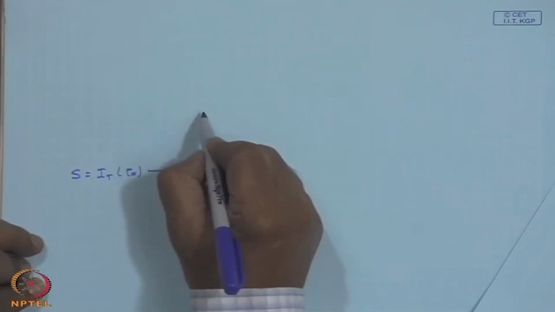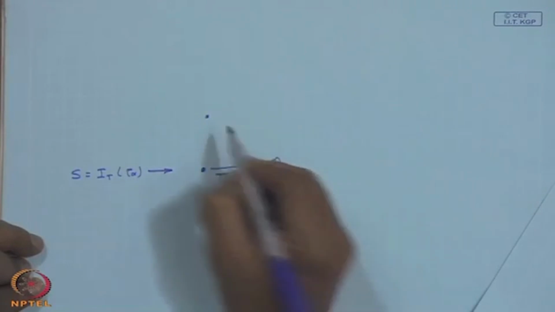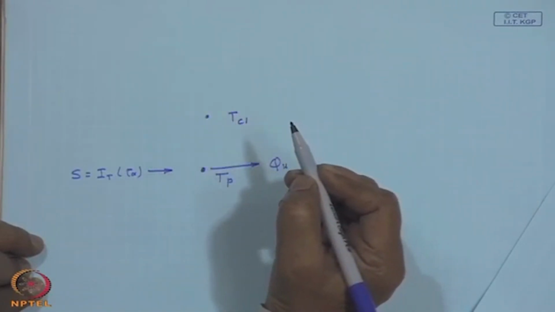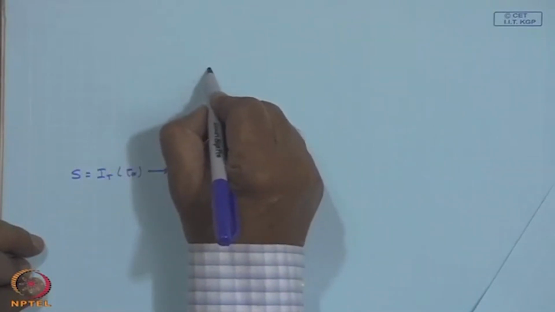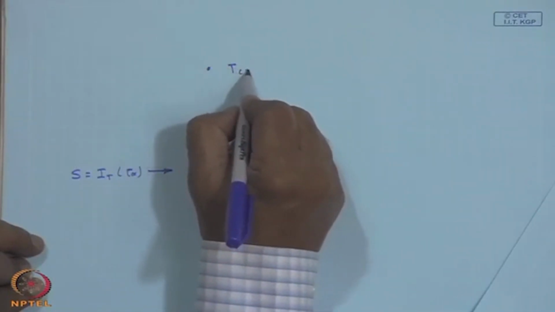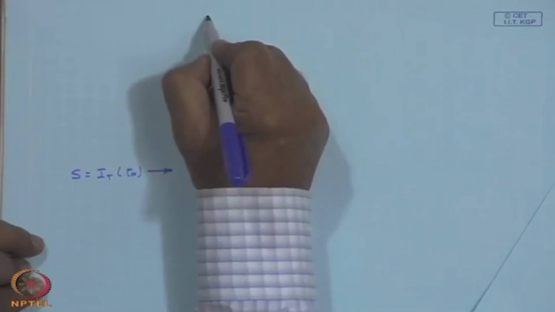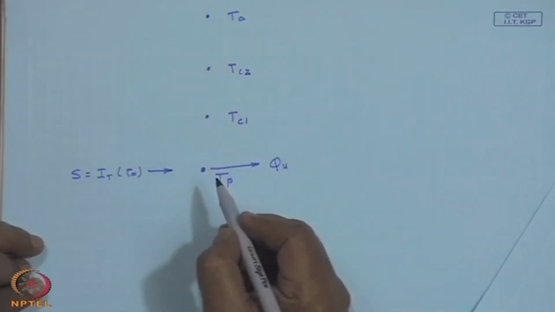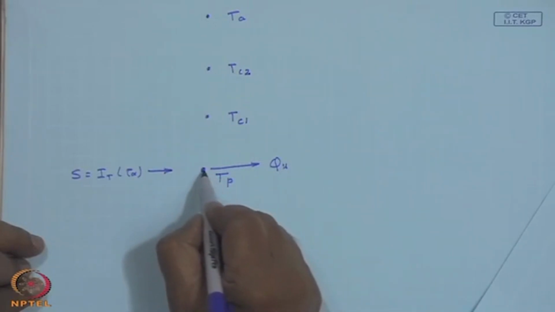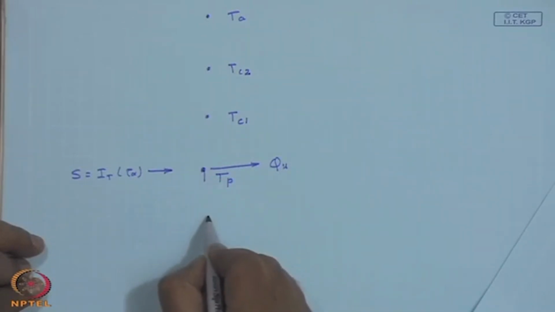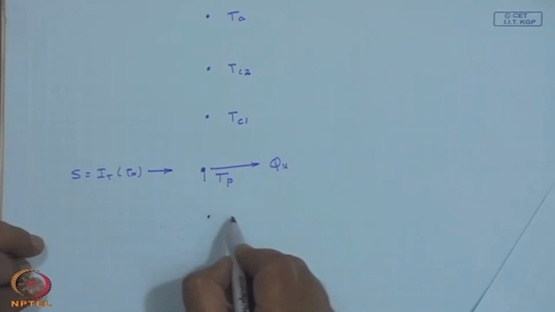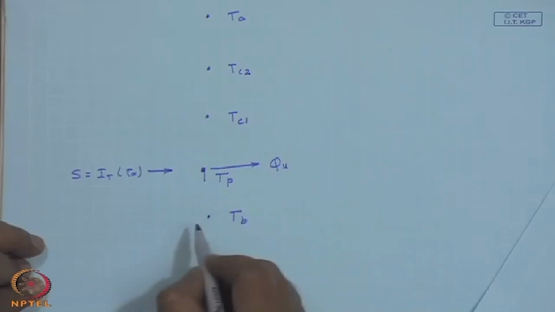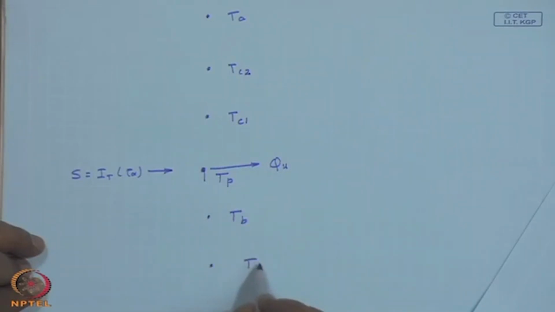Now, let us say for 2 glass covers, the first glass cover is at a temperature of T c 1, the second glass cover is at a temperature of T c 2, and then there is the ambient to which heat loss takes place. Then again I may have a temperature of T b at the back of the collector, then again a T a.